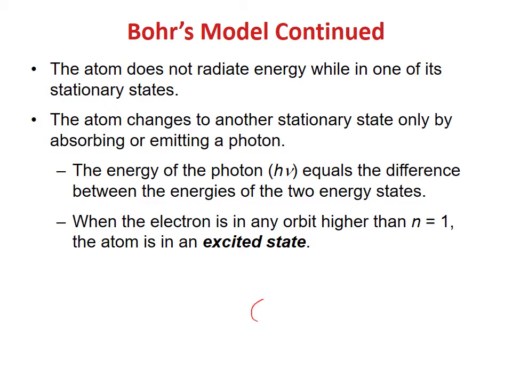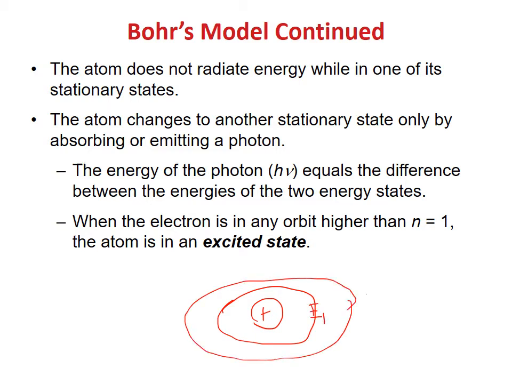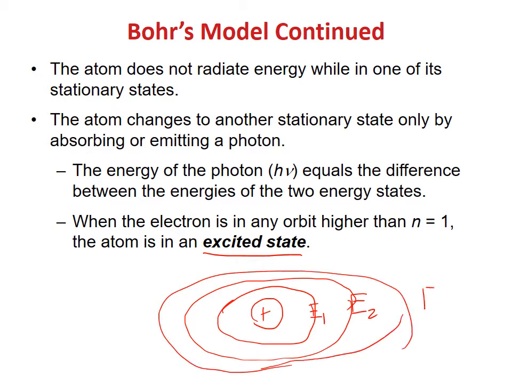So you have a nucleus and an electron in the ground state, which is E1, and energy state E2, which is called the excited state. This is the first excited state. And then E3, which is the second excited state.